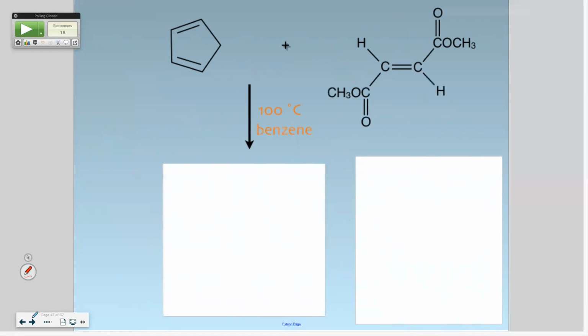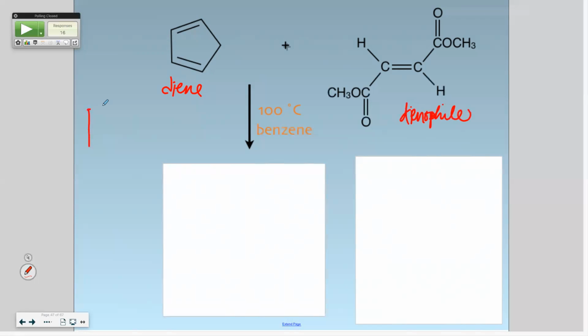This is cyclopentadiene, that's your diene. This is your dienophile. Okay, what are the two ester groups to each other? Cis or trans. So what should they be in the product? Okay, can you draw it?